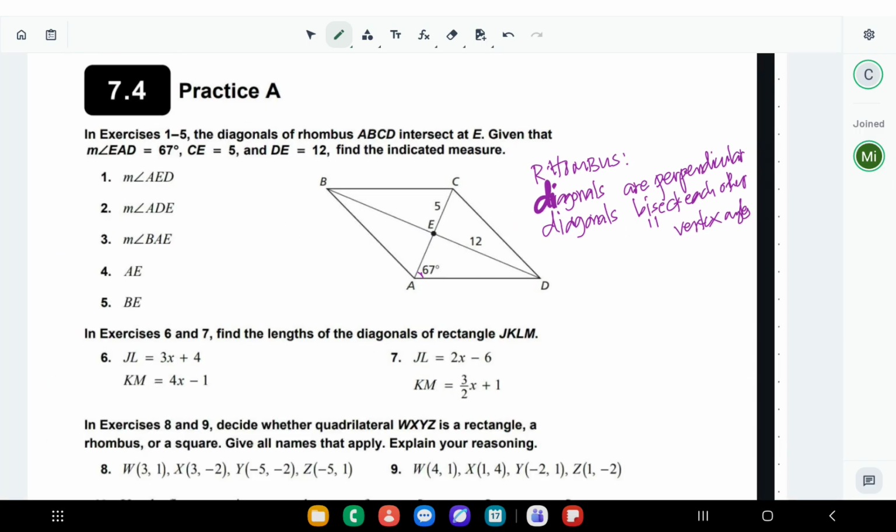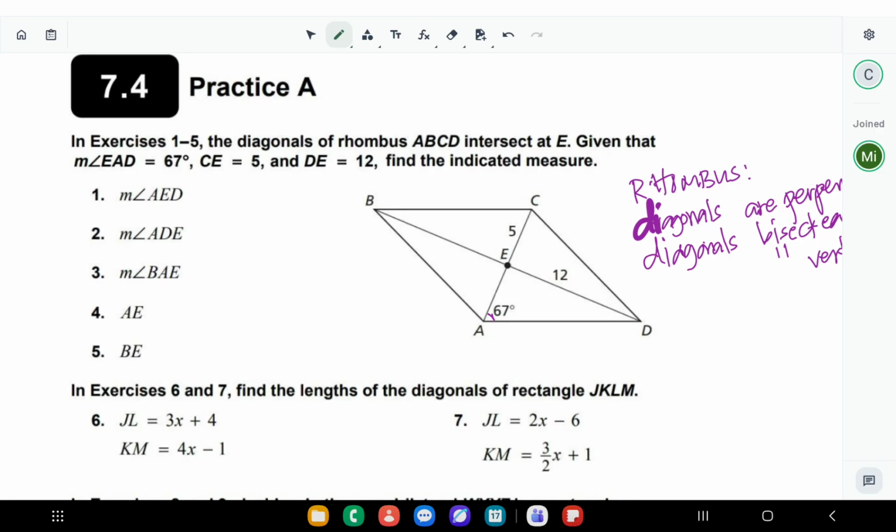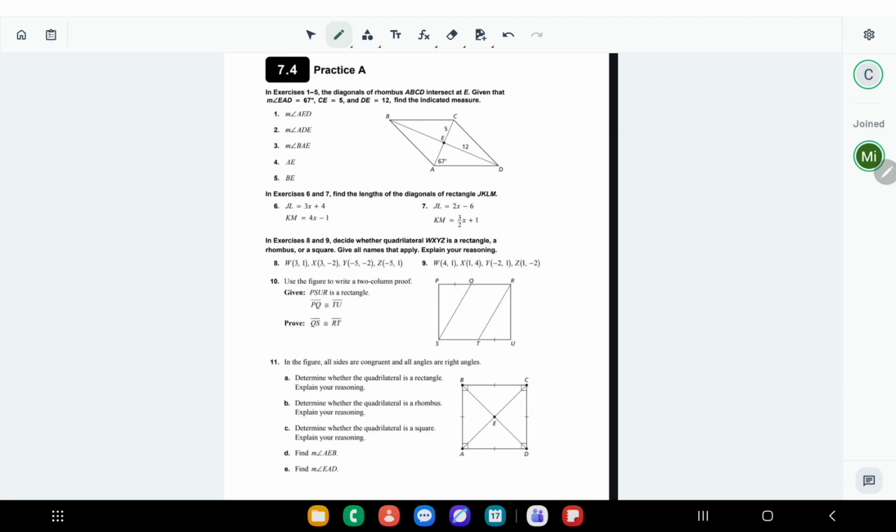So it's given here that this angle EAD is 67 degrees. Therefore, the measure of angle AED, this one here, is 90 degrees, because of the diagonals. I'm writing here in purple.